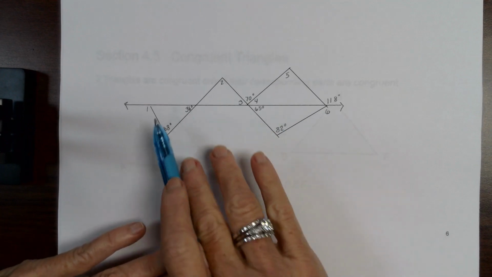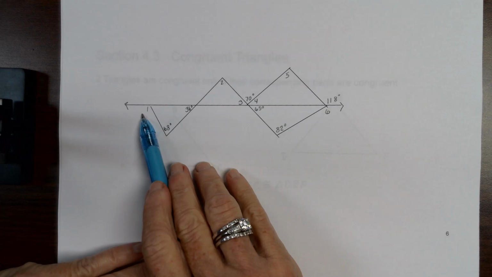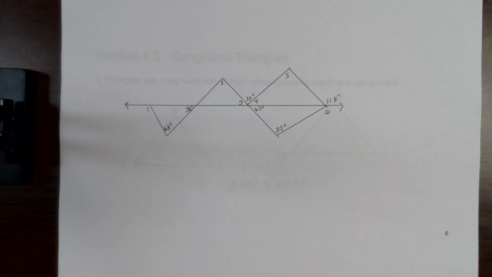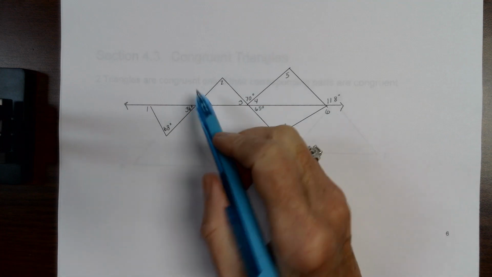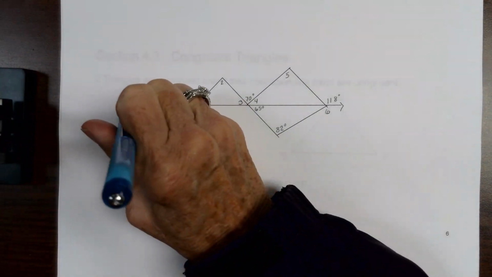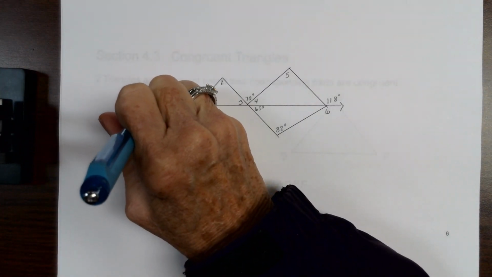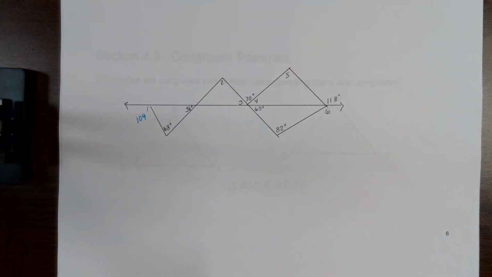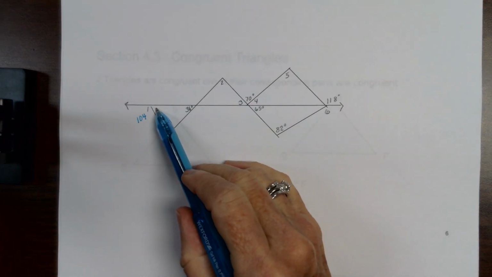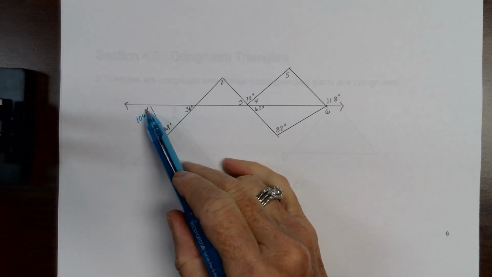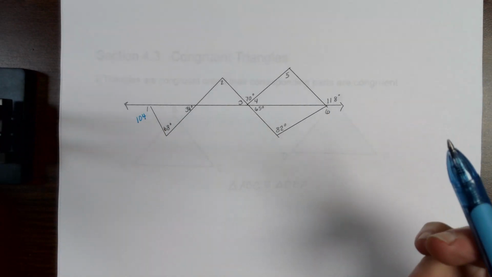You're just going to work your way through. So I have angle 1, which I could get by adding 68 plus 36. Those are the remote interior angles of angle 1. So I find out that angle 1 is equal to 104. You could also find out what that angle is and know that the two of those together would equal 180.